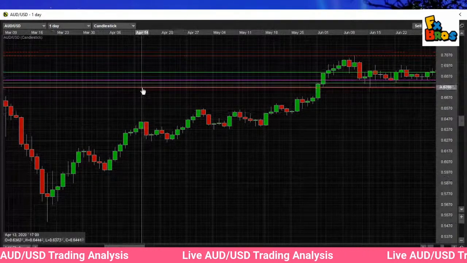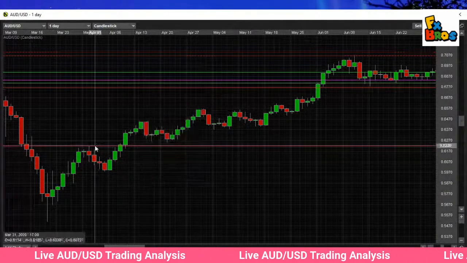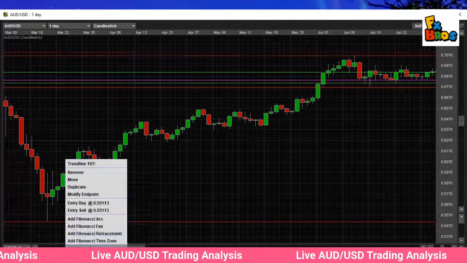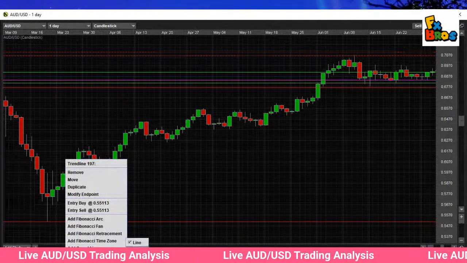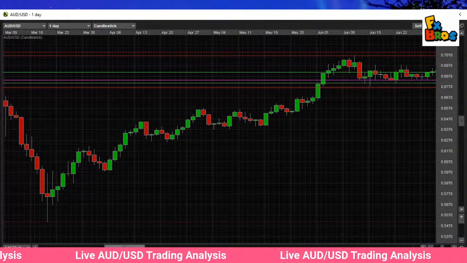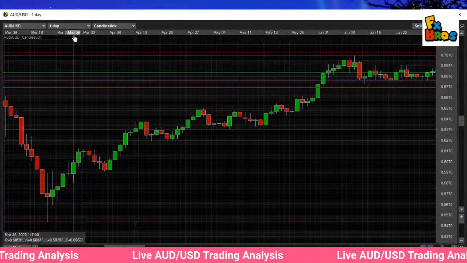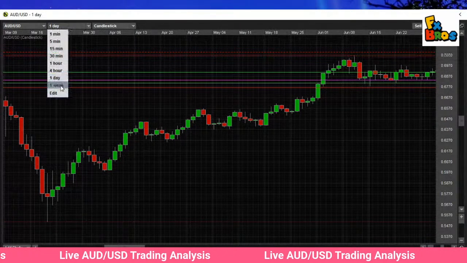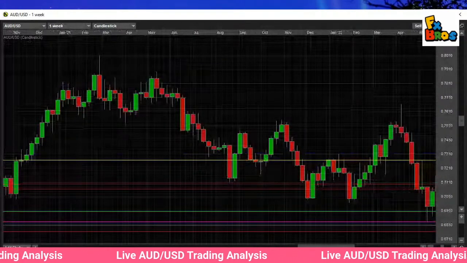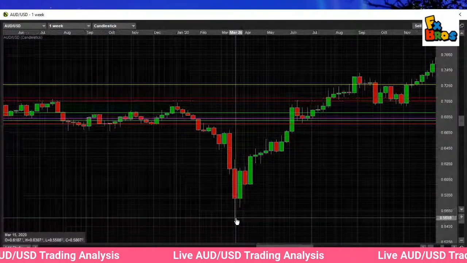I'm going to move to the weekly so we can see what that low looks like. Duplicate this, put it down there. Let me change it to a dotted line, so it's a different price. If I change it to the weekly, scroll back, we'll see that the lowest point on that week was March 15th, 2020.